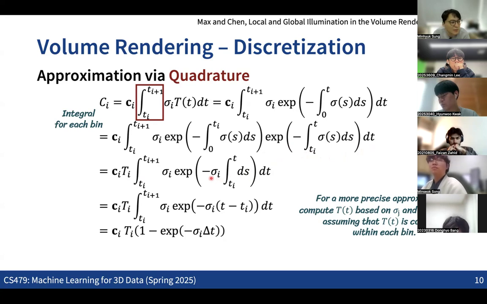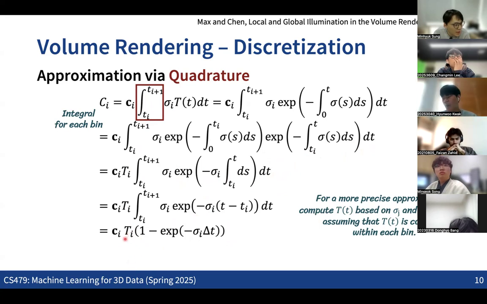We assume that sigma is constant inside that bin, but the transparency is still decreasing if sigma i is non-zero, okay? So then we have this additional term here. The Ci is the constant radiance from this range of the bin.